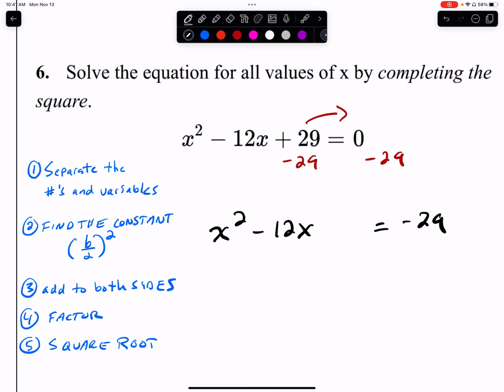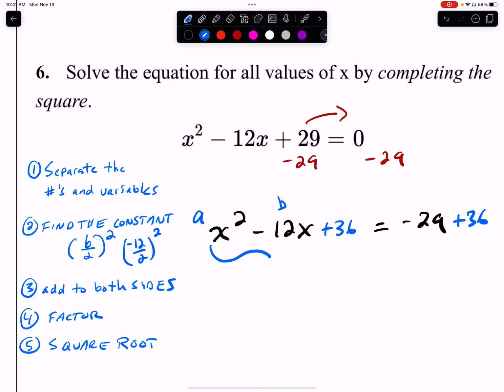Can we complete the square? Well, I've got an a value of 1 and a b value of negative 12. Check. Negative 12 divided by 2 squared is going to be 36, so I add 36 to both sides.